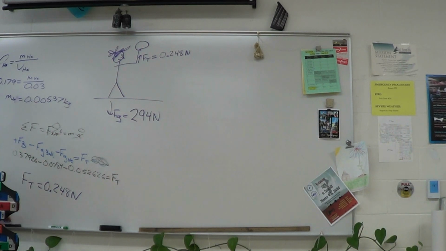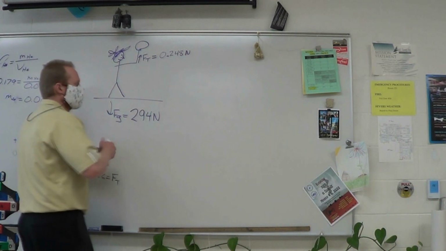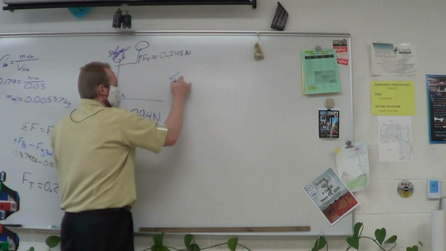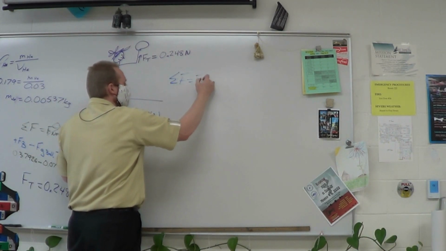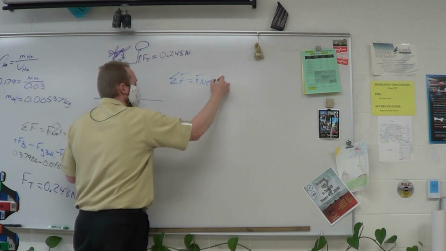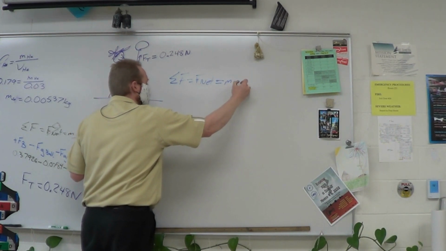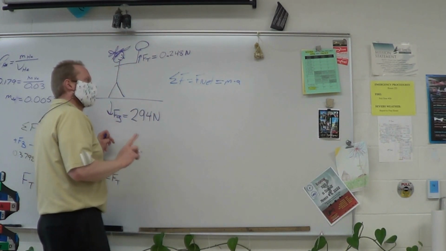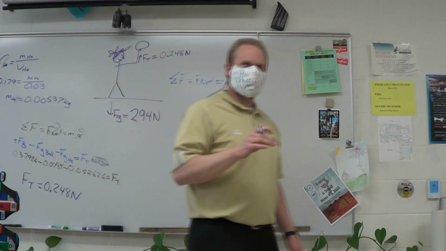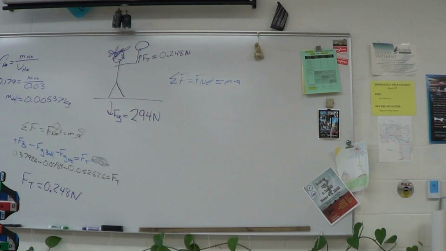So this is Newton's second law, sum of my forces is equal to F net, which is equal to mass times acceleration. And what we're trying to do is figure out what is that minimum number of balloons before Russell starts to move, before he accelerates.